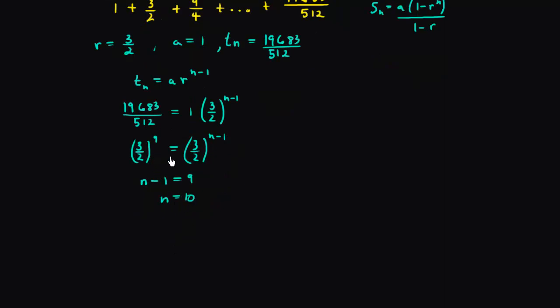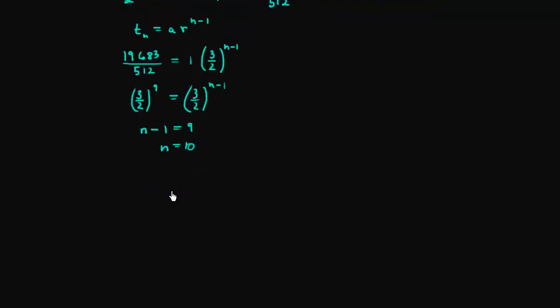So when the bases are the same on both sides of an equation like this, you can equate the exponents, as long as there's a single term on both sides of the equation. Okay, so the next part of this question is to now compute the sum for 10 terms, where we have a being 1.